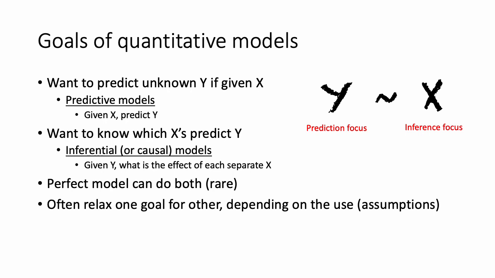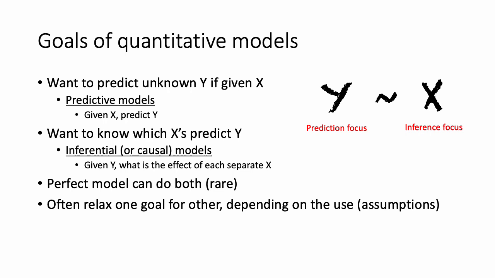Alternatively, sometimes we care more about the x's. We actually want inference. We want to know which x's were more important in predicting y or causing y to occur. Causal inference is a whole field of quantitative analysis where we really want to know which x actually leads to y, versus which ones might be just associated through some confounder or other intermediary.